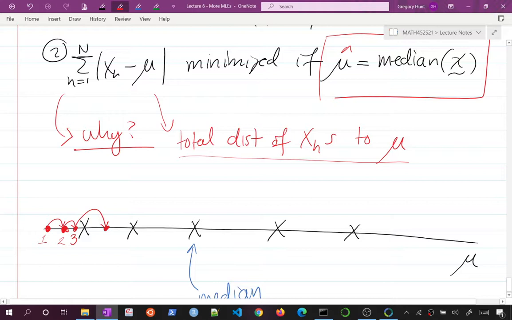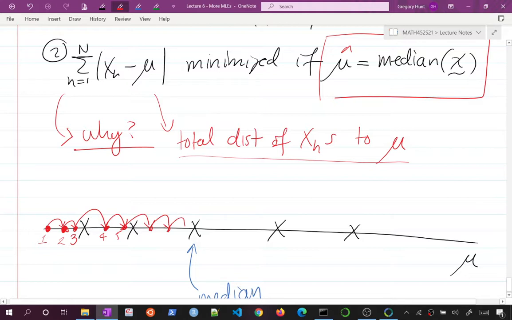So my total distance goes down because I've increased it for 1 and decreased it for 4. And I could keep moving this way. If I move over here, I've increased the distance of my red dot to my first x, but I've decreased it to 1, 2, 3, 4 other x's. So my total distance decreases. And I could keep playing this game, jumping along here. At each point here, now I've increased the distance to 2 of my x's, but decreased it to 3. So on net, I've decreased the distance.